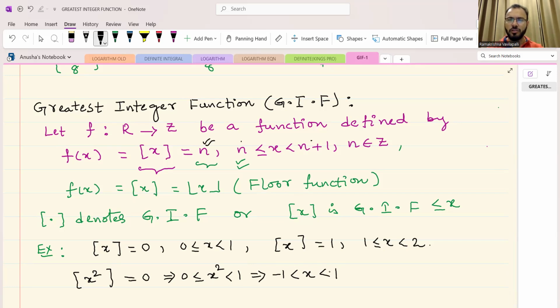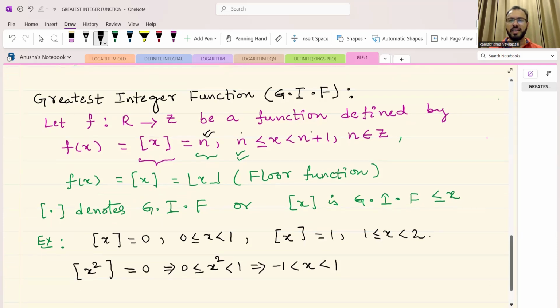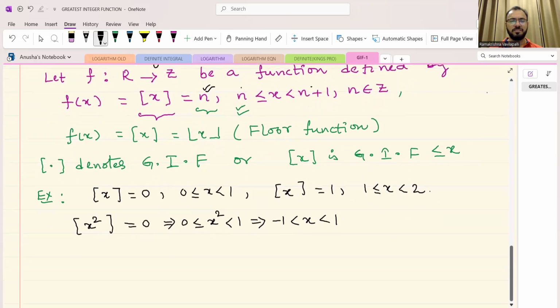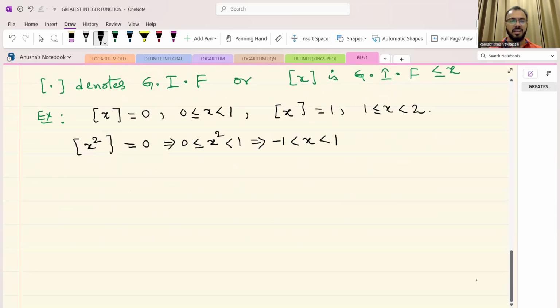And if you give the output, then we can find the input. So if you are able to understand by writing that output and input, then easily you can draw the graph of greatest integer function. So I'll write here several values, you see. In order to draw the graph of greatest integer function, first we have to list out a few possible outputs and inputs.